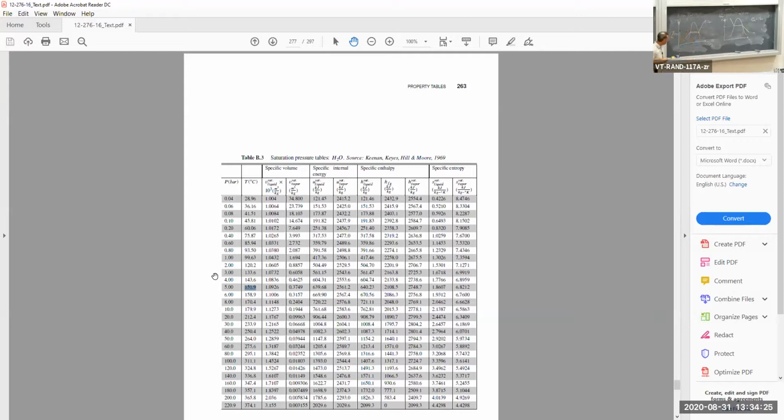Okay, you see that? 151.9 degrees C is the boiling temperature at 5 bar. So the boiling pressure at 151.9 degrees C is 5 bar. Another way of saying the same thing.